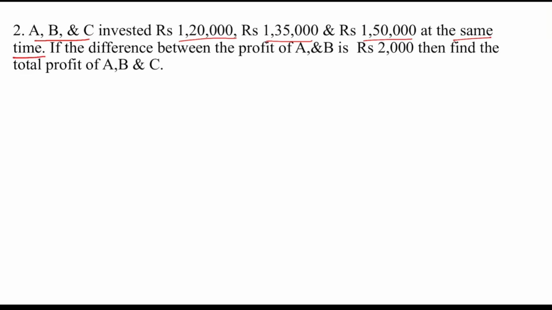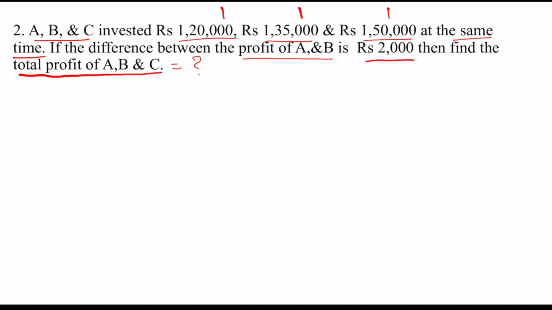If A is investing for 1 year, then B also 1 year, C also 1 year, like that. If the difference between the profit of A and B is rupees 2,000, then find the total profit of A, B and C. Okay, total profit of A, B and C is how much they are asking.